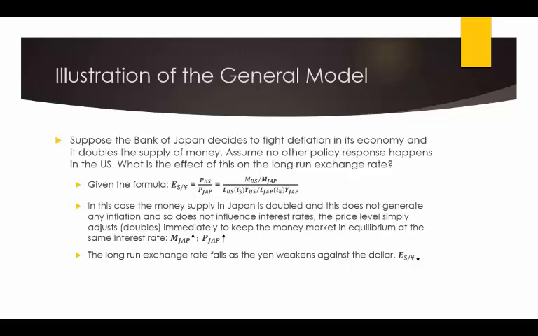The answer is the same as the basic model would have predicted, since the policy has nothing to do with real money demand. Japanese price levels rise in tandem to clear the money market, and this causes an appreciation of the dollar-yen exchange rate in the long run.